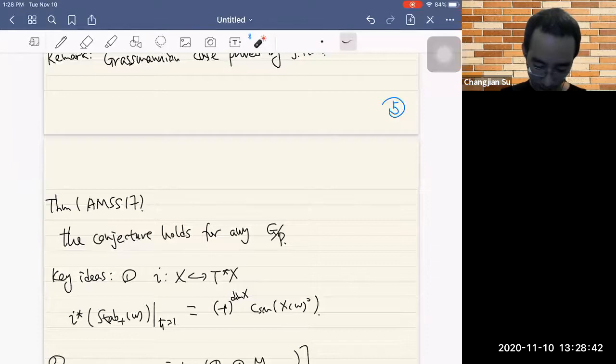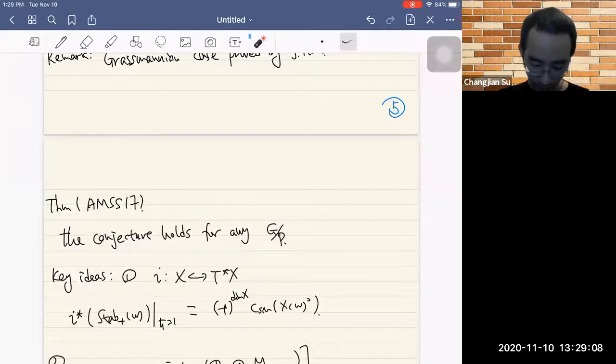We consider this inclusion of the flag variety inside the cotangent bundle, and inside the cotangent bundle lives this stable basis. If we pull back this stable basis to the zero section and let h bar equal 1, then we just get the CSM classes of the Schubert cells.